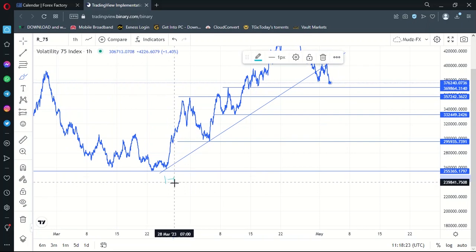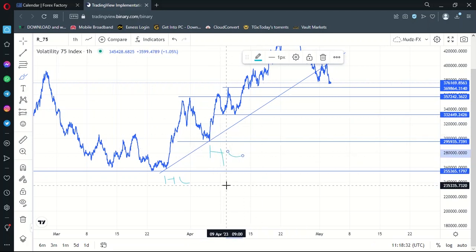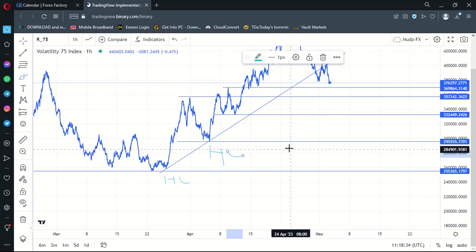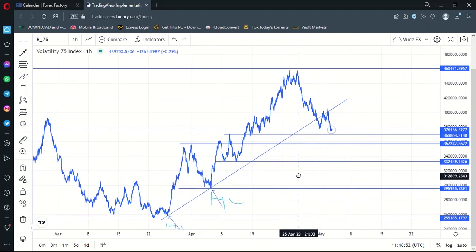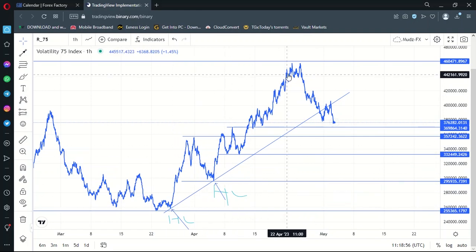So we have the first high low and the second high low. Okay, so it touched twice and then it went up. Then when it came back, it broke out.